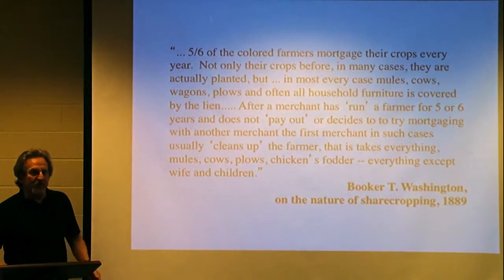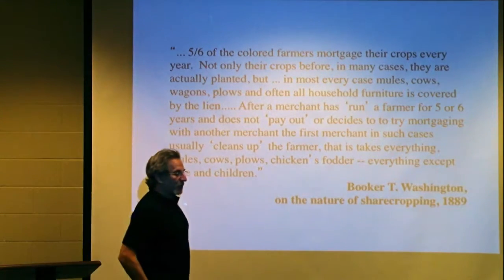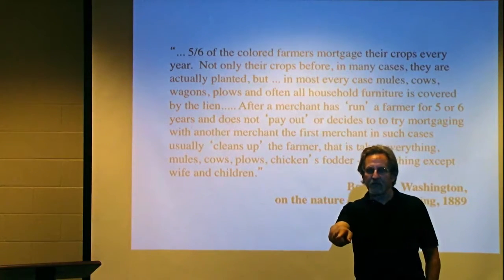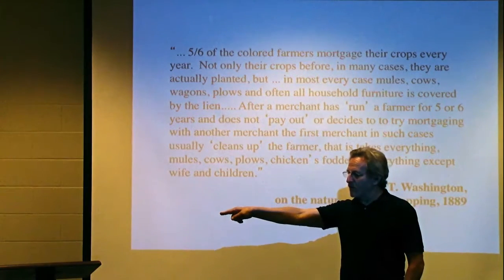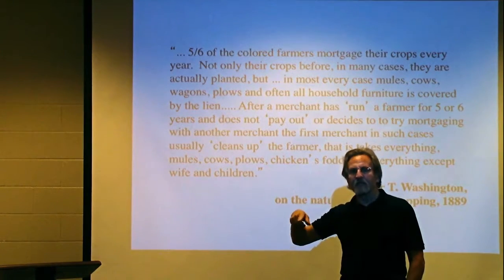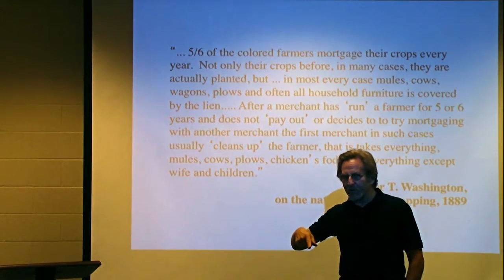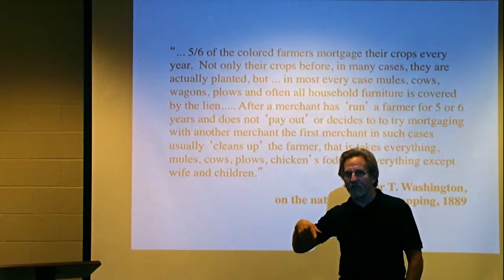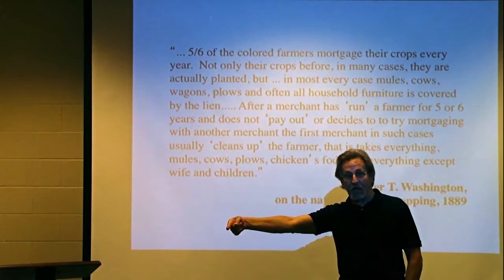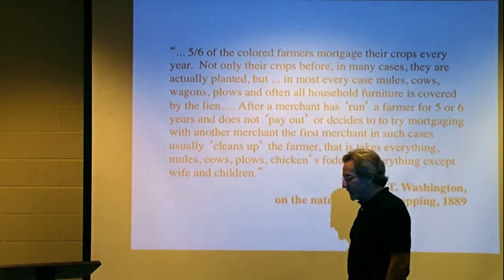And the landowner, unlike with the tenant farmer, orders, I only want cotton on this land. You can't grow fruit and vegetables on this land because that's not going to pay me at the end of the harvest. What's going to pay me at the end of the harvest is if you grow cotton and cotton alone.